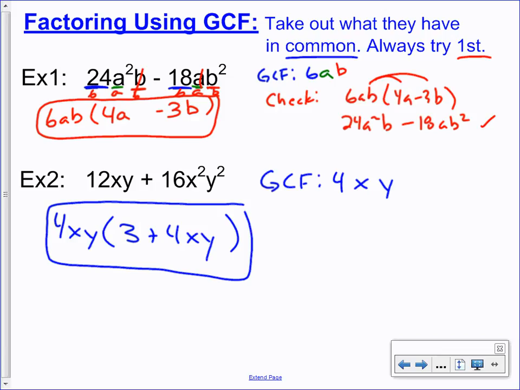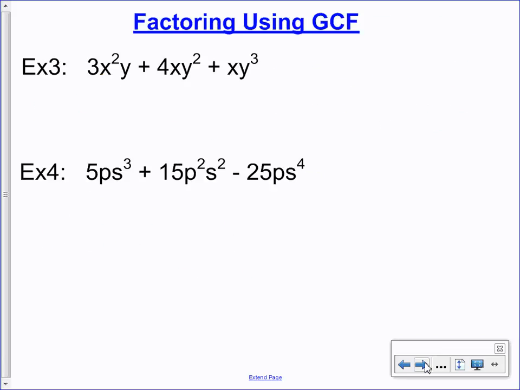Okay. So in number 3, is there a number that factors out of 3, 4, and 1? Other than 1, right? We don't need to put 1.